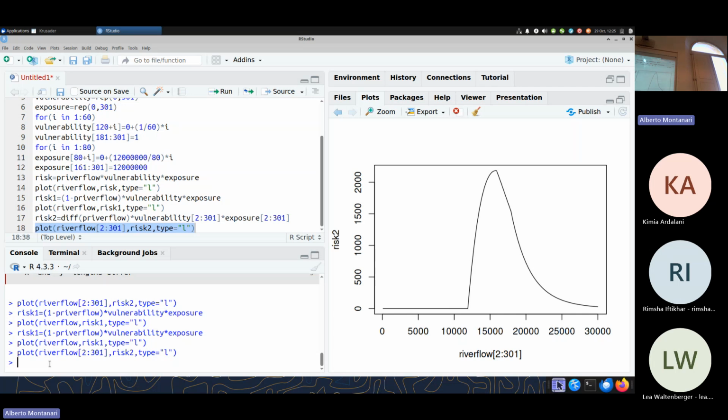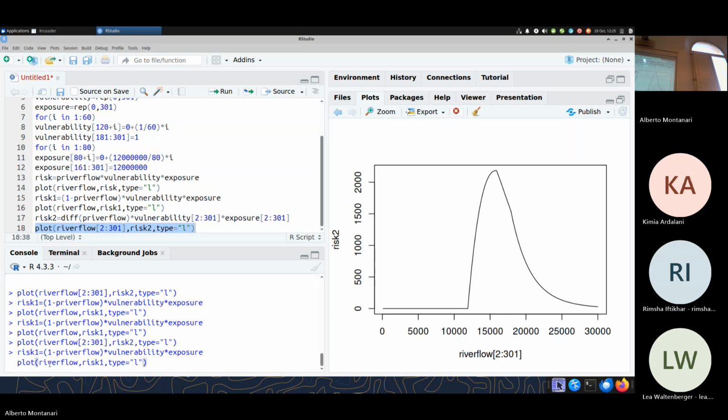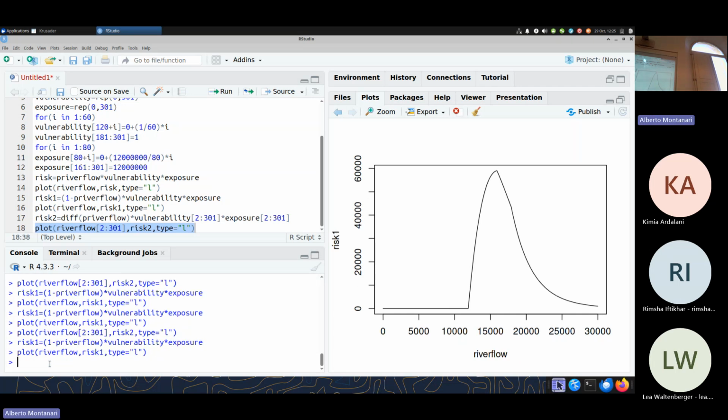Okay, so now our original question, what is the meaning of this risk? And let me go back to the previous graph. What is the meaning of this 0.6 millions against the value of the diff? Okay, so what kind of probability did we use to compute this? We used the probability of exceedance. Of what? Of the annual river flow.